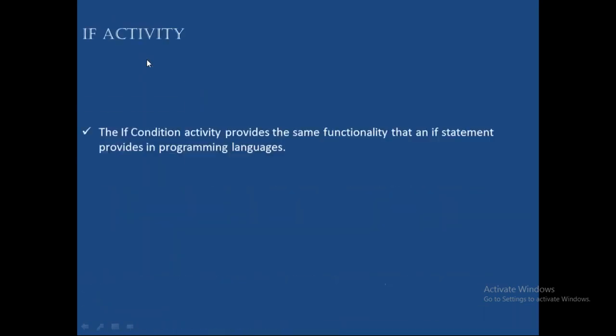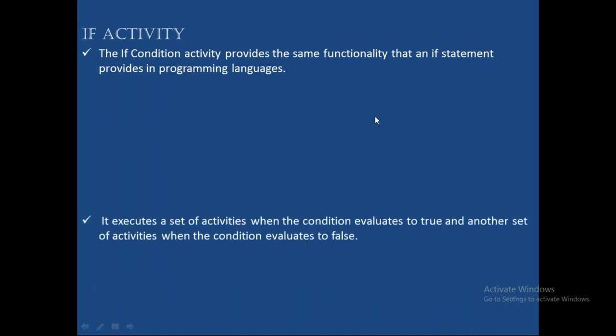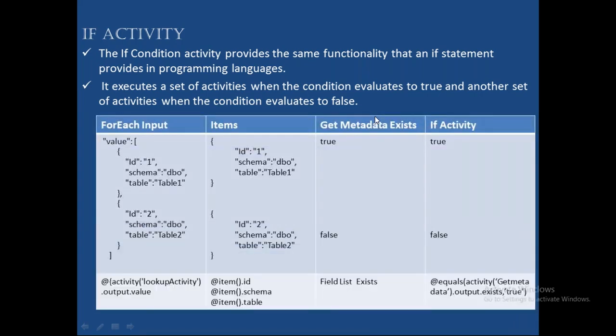The if condition activity provides the same functionality that an if statement provides in a programming language, as we know. It executes a set of activities when the condition evaluates to true, and another set of activities when the condition evaluates to false. That we have seen, right? So now you see, get metadata returned true or get metadata returned false.